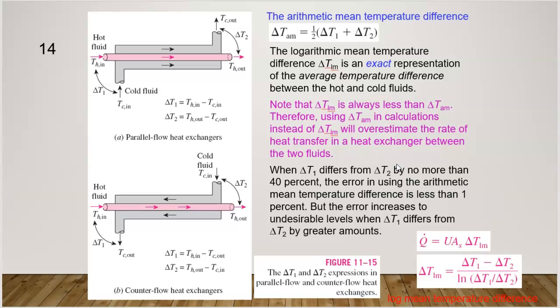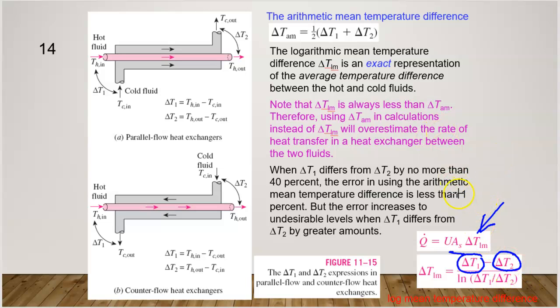If you want to calculate using these formulas, Q dot is equal to U A S delta T LMTD. So U is the overall heat transfer coefficient, A S is the surface area, and we have delta T LMTD. So what is delta T LMTD? Delta T LMTD is delta T1 minus delta T2 over ln delta T1 over delta T2.